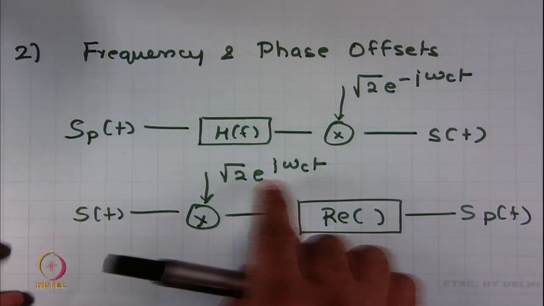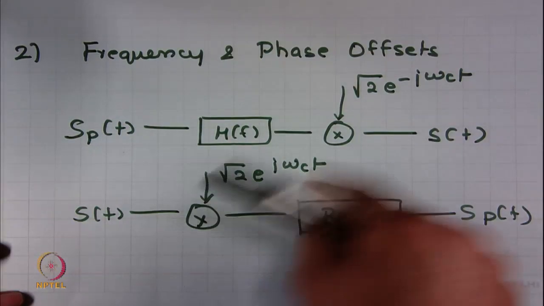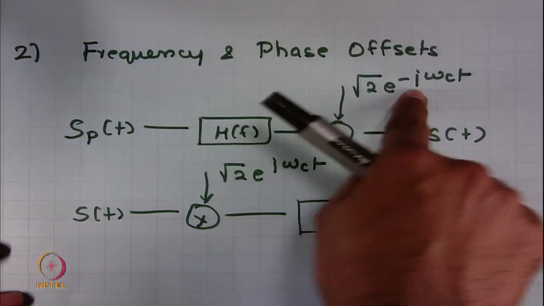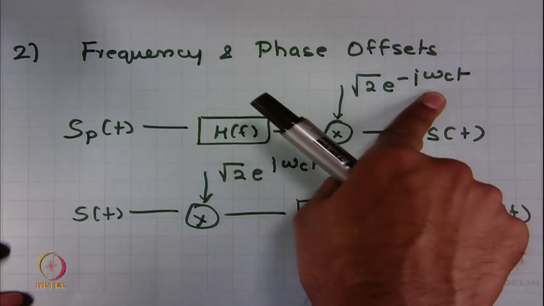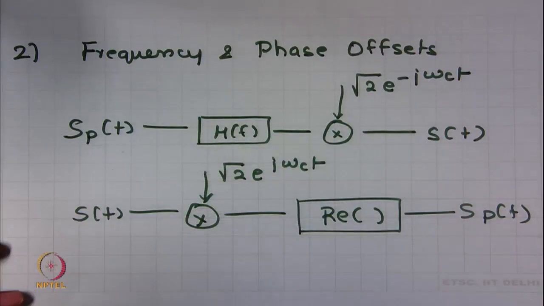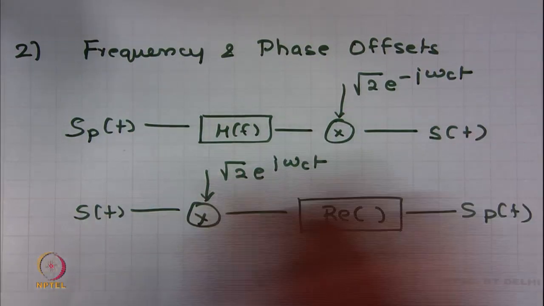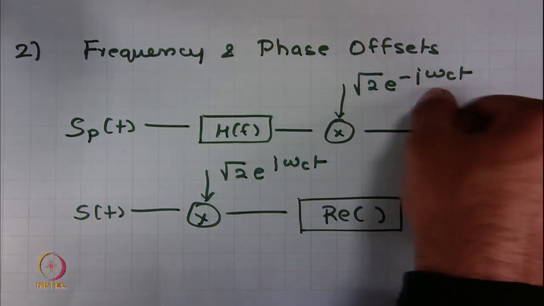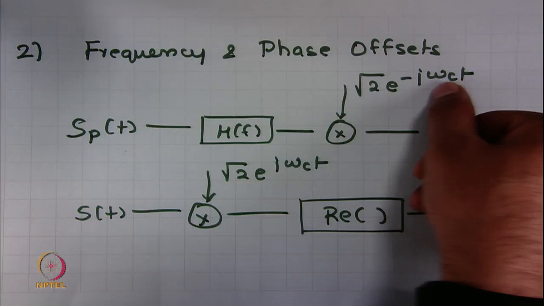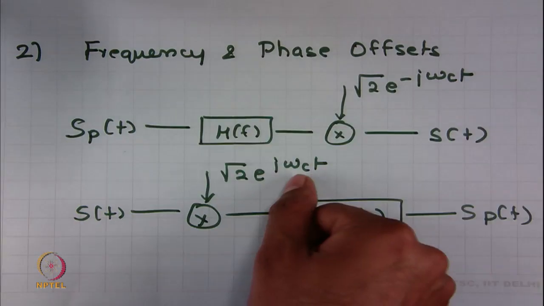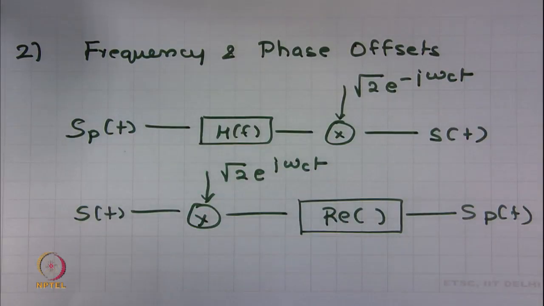Now, if this e to the power j omega c t and this e to the power minus j omega c t do not have the same frequencies, for example, then what you would end up with is a different signal; you would not recover S(t). Okay. So, when I say that I can recover S(t), I assume that I have a signal available which has a frequency omega c and it is matched to the frequency of the modulator that I was using at the transmitter.